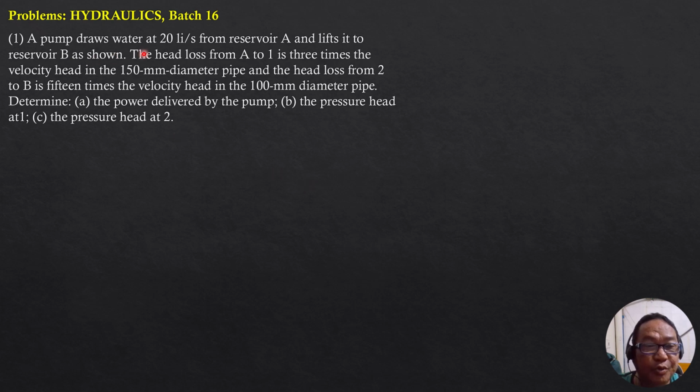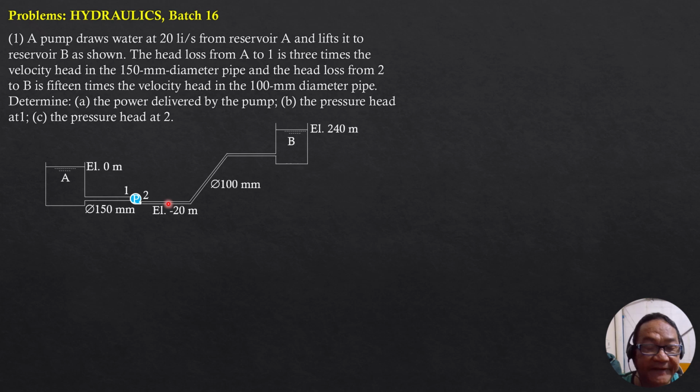A pump draws water at 20 liters per second from reservoir A and lifts it to reservoir B as shown. So this figure is given. Take note of the information provided in this figure.